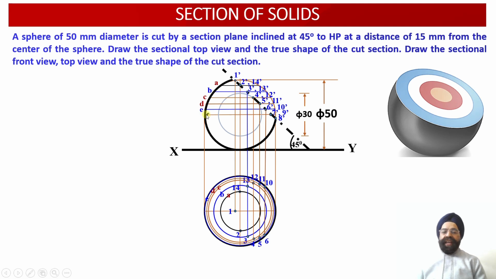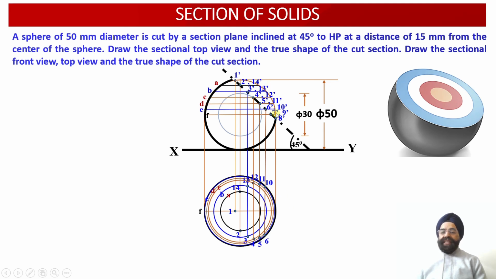So now once again we know the diameter corresponding to the ring F over here. So corresponding to this diameter of the ring F, this is the circular projection which is coinciding with the circular projection of 50 millimeter diameter, which is corresponding to the outermost ring which we had originally drawn over here.